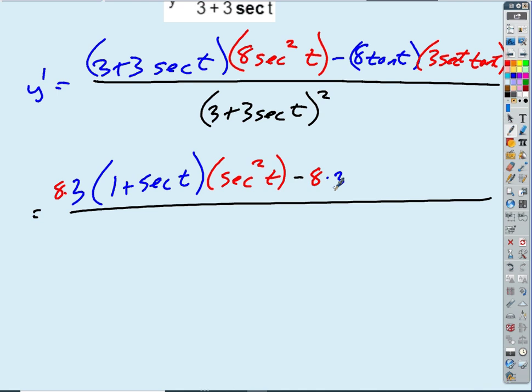So would you agree that this whole thing is just that? Okay. And we multiply it, I get it. Times, what's left over then? Well, then we've got a tangent t times secant t. And then secant t tangent t, right? Yes. And so now, how many terms are there in the top expression there? 2.